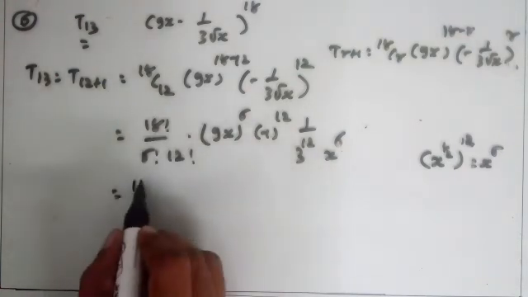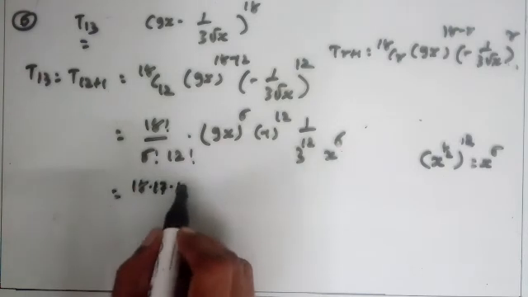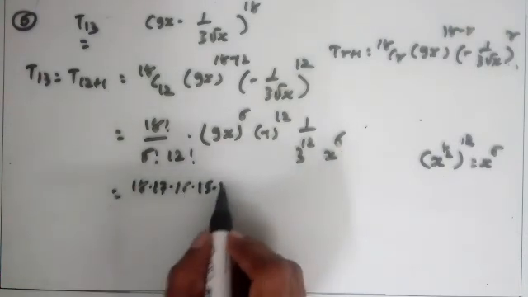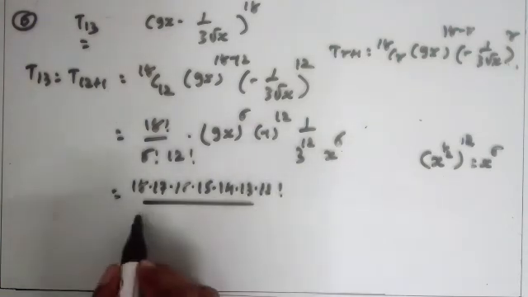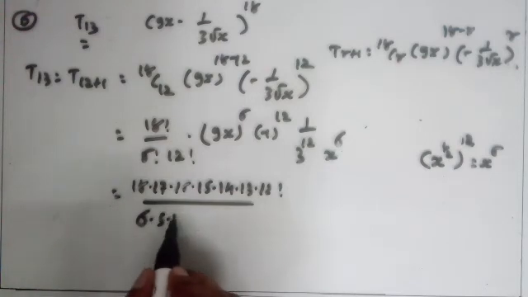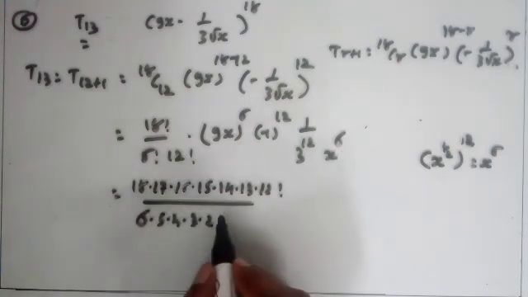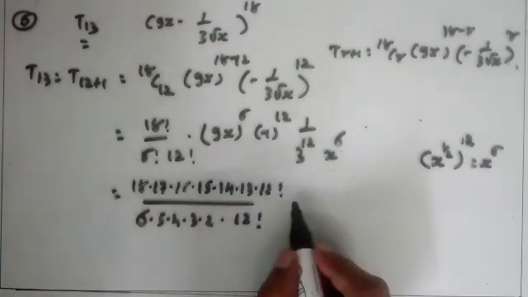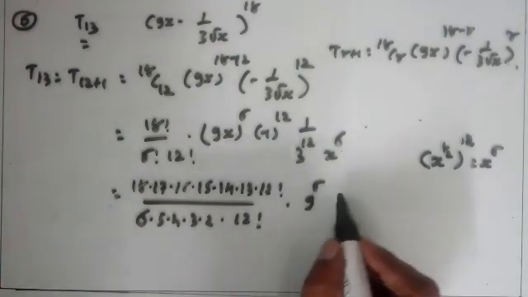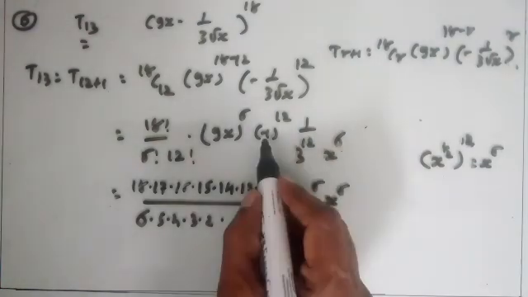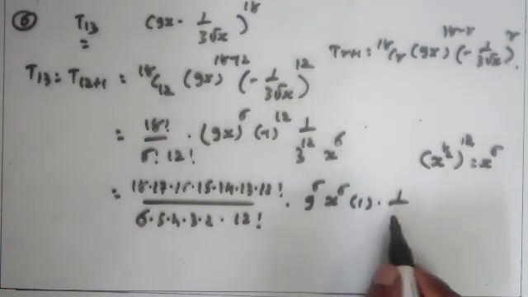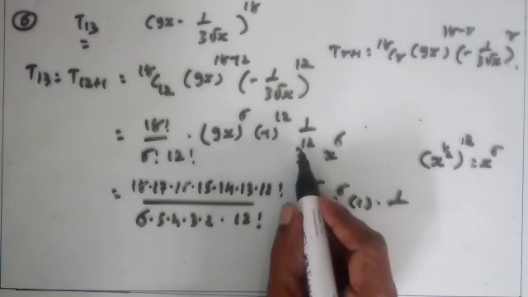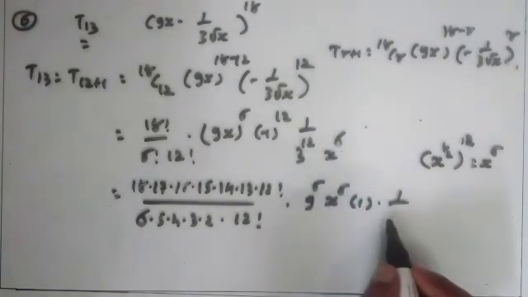So 18 into 17 into 16 into 15 into 14 into 13 into 12 factorial upon 6 factorial, that is 6 into 5 into 4 into 3 into 2 into 12 factorial, into 9 raised to 6 x raised to 6, minus 1 raised to 12 becomes positive, into 1 upon 3 raised to 12, that is 3 raised to 2 raised to 6, that is 9 raised to 6.